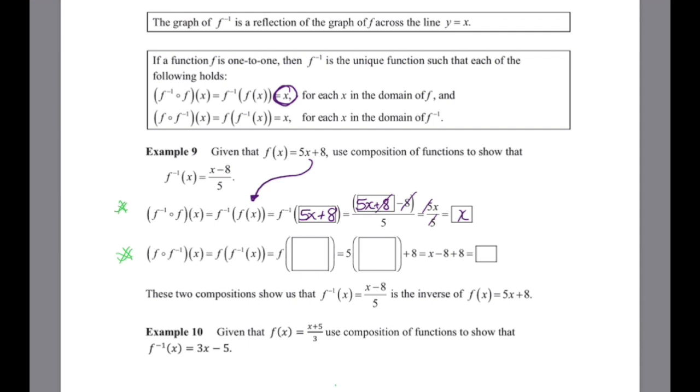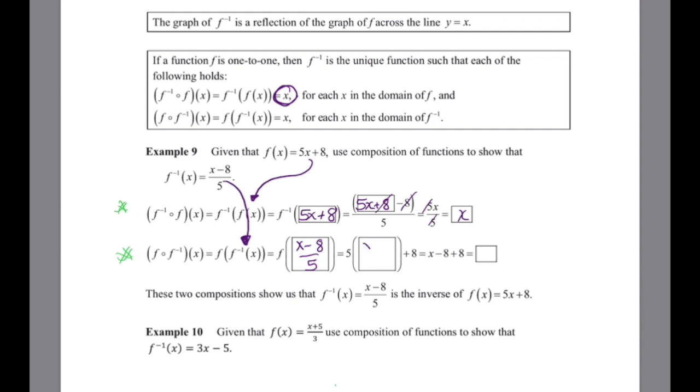Now we have to do f of the f inverse function. This time I'm going to plug the inverse function into my f function. So I want to take f of x minus 8 over 5. So wherever I see x in my f function, I'm going to replace it with x minus 8 over 5.